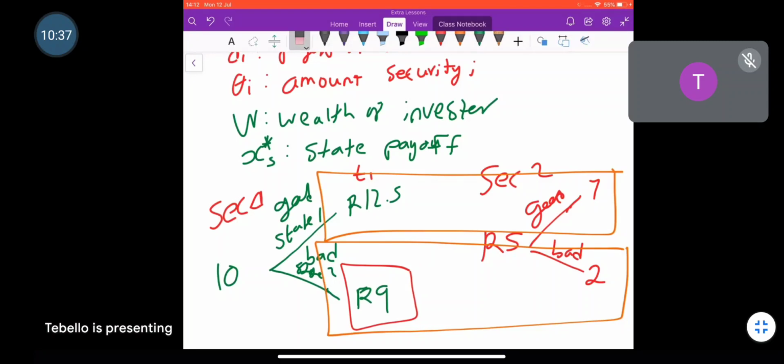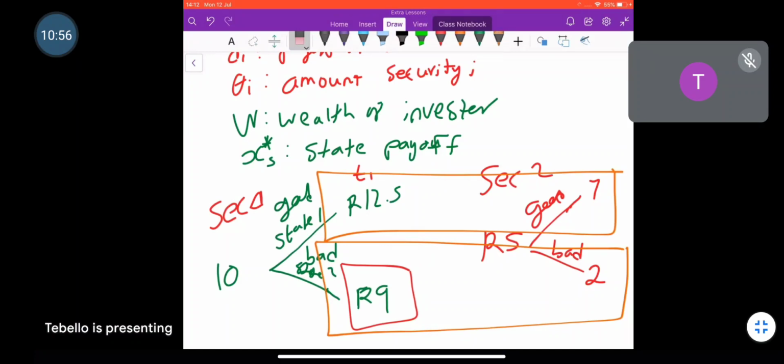So I'm trying to explain this because when we do the calculations, it can sometimes get confusing to understand both the state pricing and the state payoffs, right?